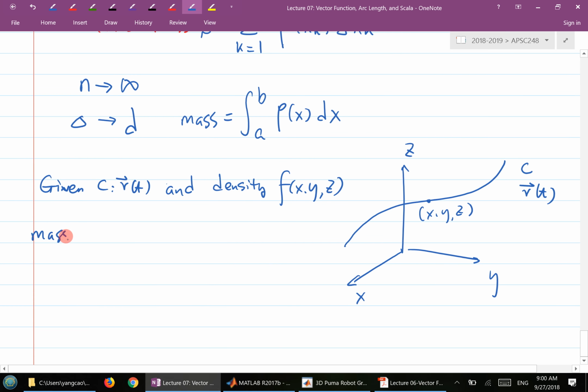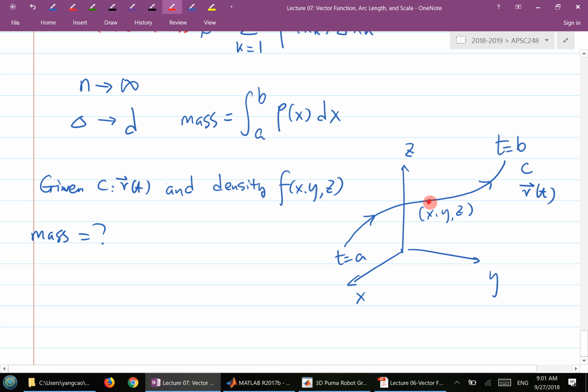I would have a similar objective now. What is the total mass for this particular curve C? Let's say the curve C goes from t equal to a to t equal to b, starting here and finishing over here. I'm going to use a very similar approach as I illustrated for the simple piece of wire, to do the calculation.